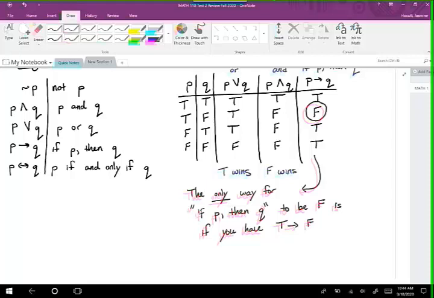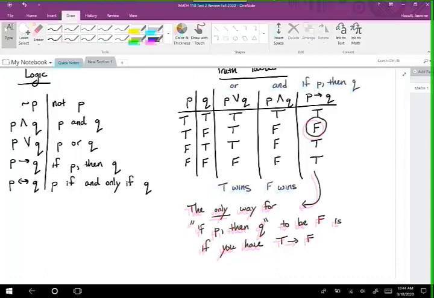That's if the hypothesis happens and the conclusion does not follow. Okay. So those are all of those tables.